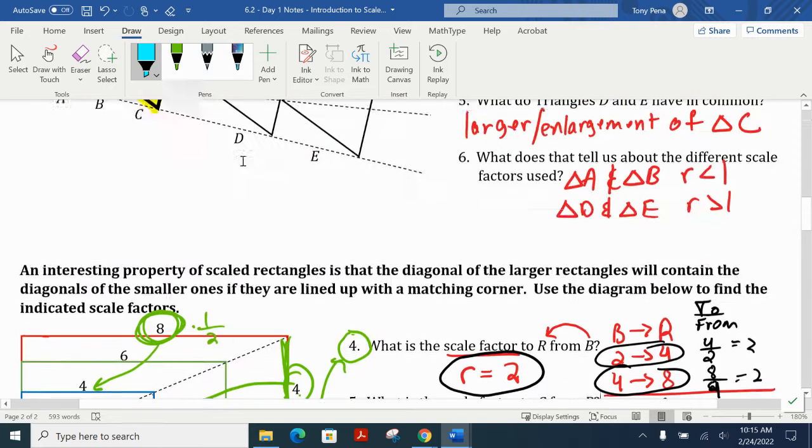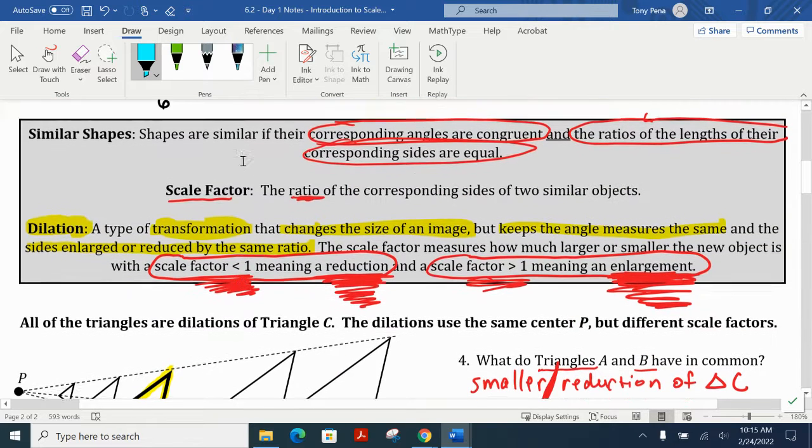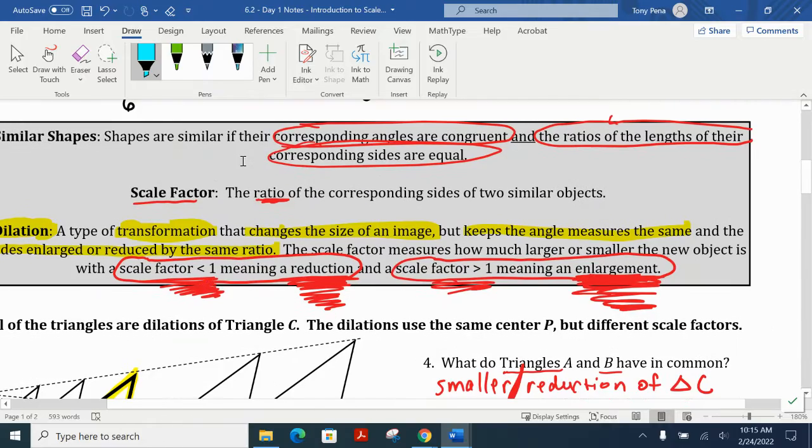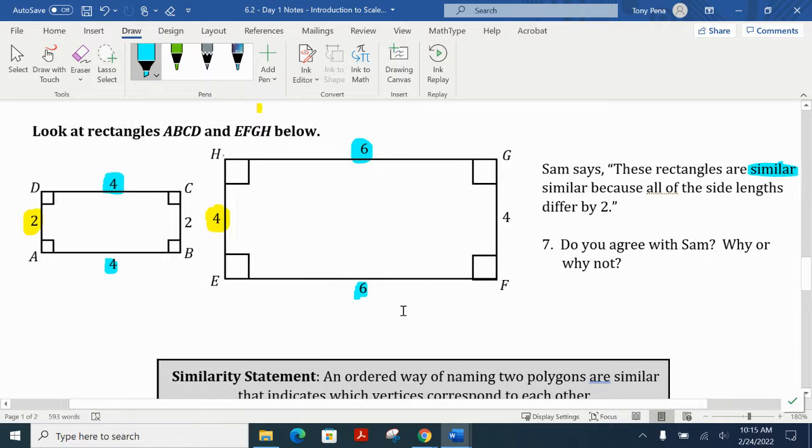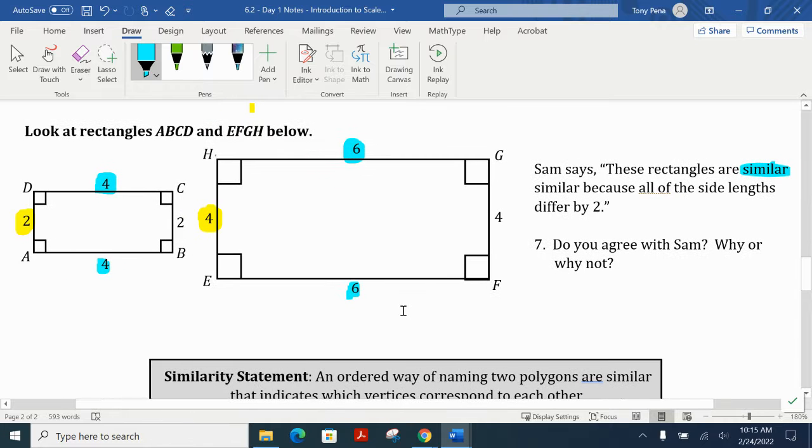So if we go back to our definition of similarity here, in order for them to be similar, all of their corresponding sides need to have a common ratio, okay? That we can multiply by the exact same number and get them to be the same. So let's do these sides first.